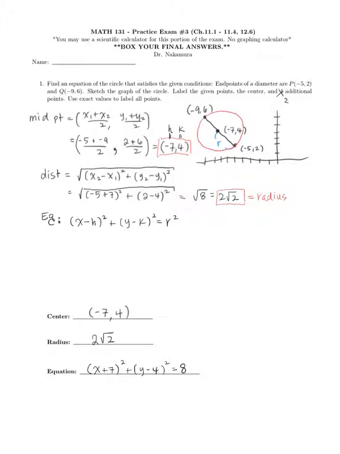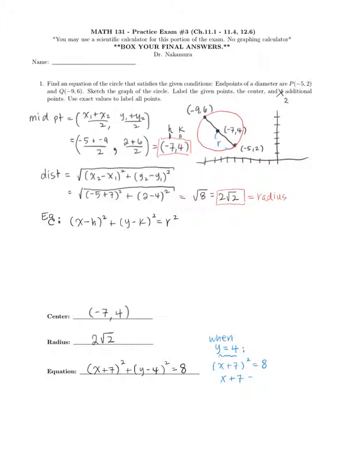Now let's get the 2 additional points. Let's take a look at the equation. Notice that when y equals 4, y minus 4 squared is going to become 0, so it's easier for me to compute the x value. So let me take y equals 4 for the extra 2 points. When y equals 4, our equation of the circle becomes x plus 7 squared equals 8.